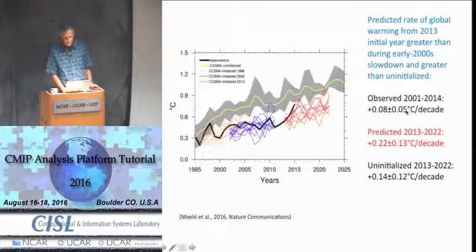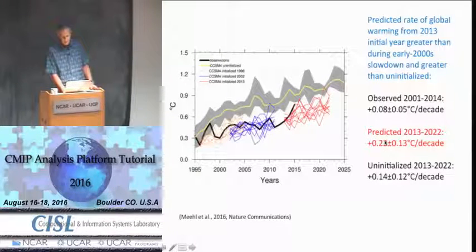If you look at a few numbers here, the observed temperature trends from 2001 to 2014 was only about 0.08 degrees C per decade. Our prediction for this future period here is almost 3 times that, so 0.22 degrees C per decade compared to the uninitialized, and this is the uninitialized simulations up here, 5 members, ensemble average is the yellow line, the range is the max-min range for all the ensemble members is the gray shading.